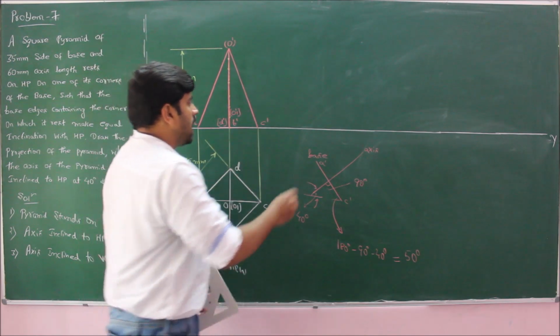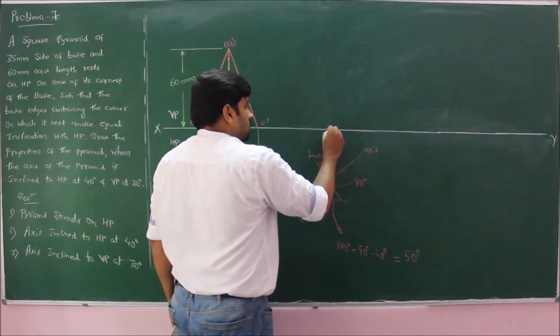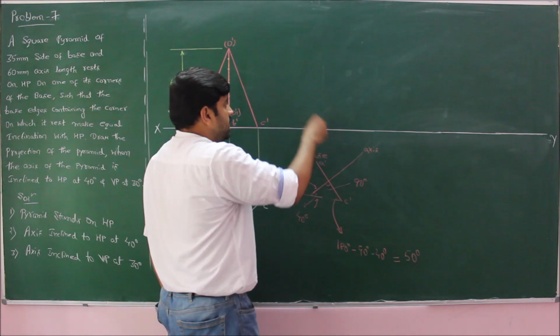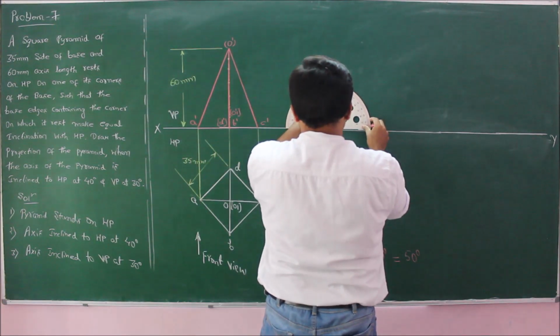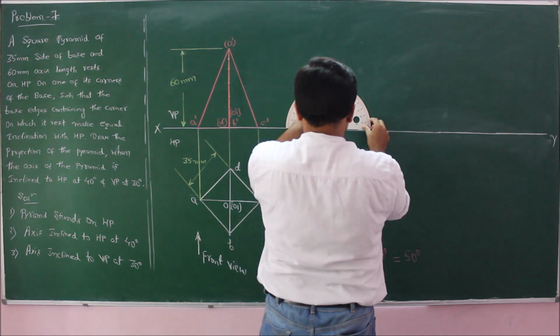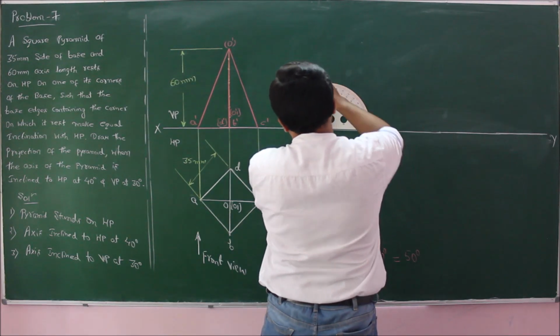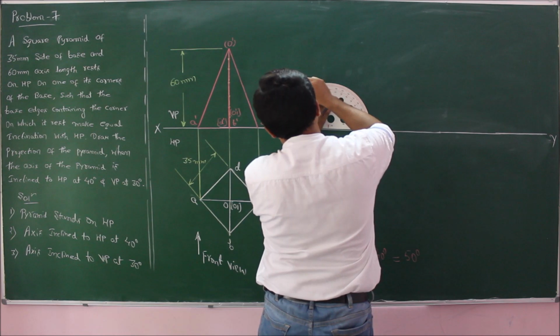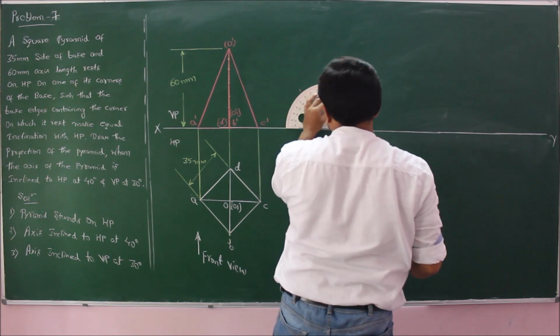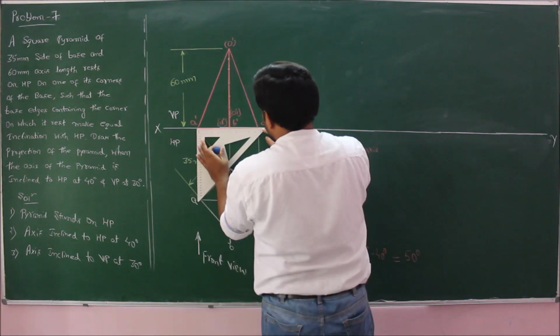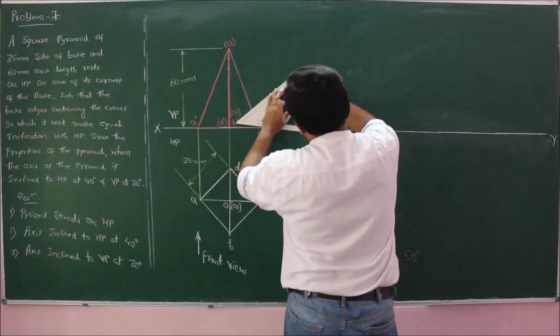So first mark 50 degree clockwise and draw the base A prime, C prime. Measure the base and transfer.